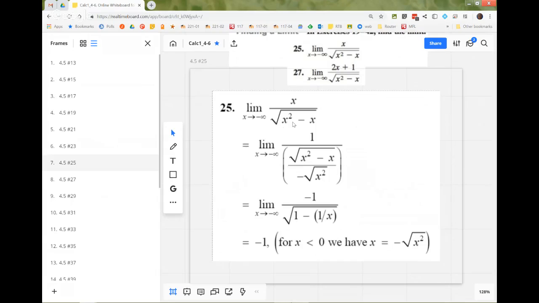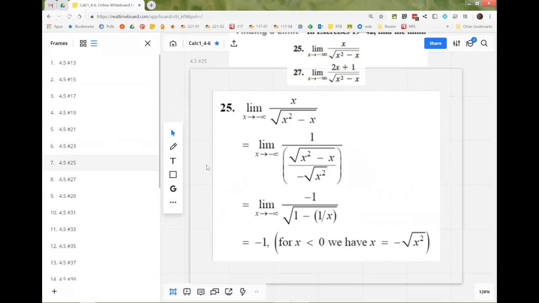The only issue you've got to watch is x is approaching negative infinity, and this is a principal square root, so this has got to be a positive. And so you've got negative infinity over positive infinity, which really turns out to be negative 1. Okay. Got it? Yeah.